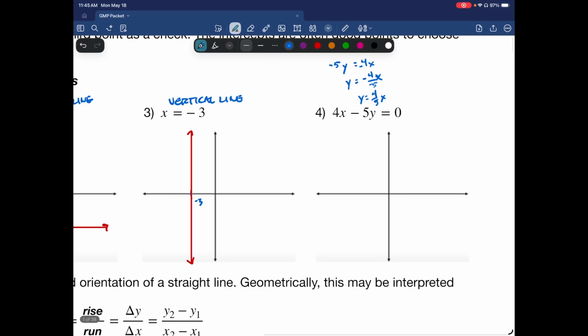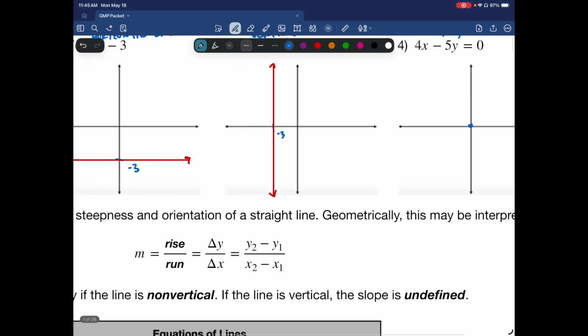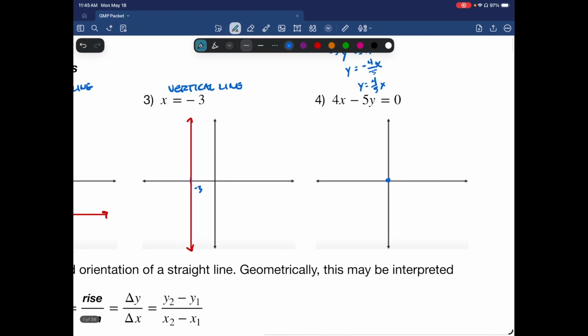So I have a point at 0, and then I go up 4. Remember, the slope is rise over run, so on the graph I'm going to go up 4, right 5. Or rather, the x comes first in ordered pairs, so you got 5, 4. And so you connect your dots.